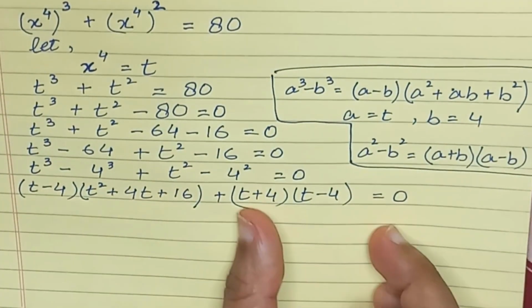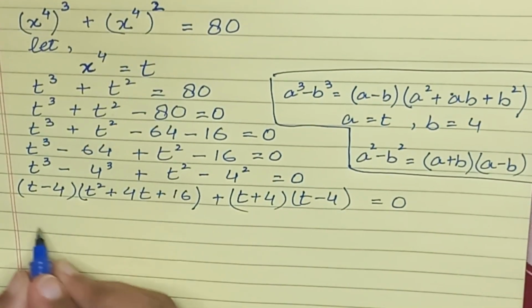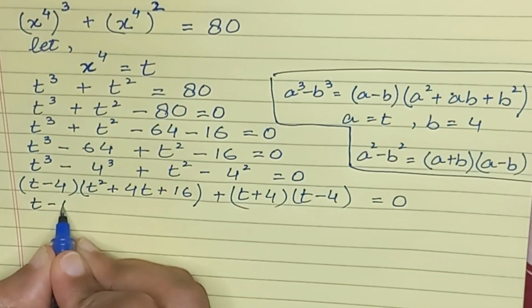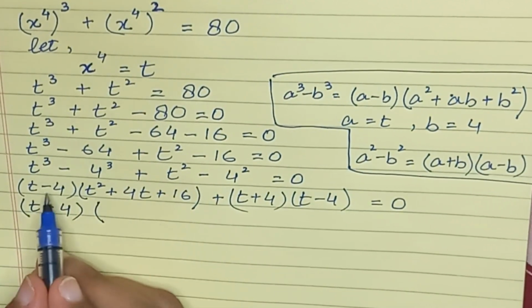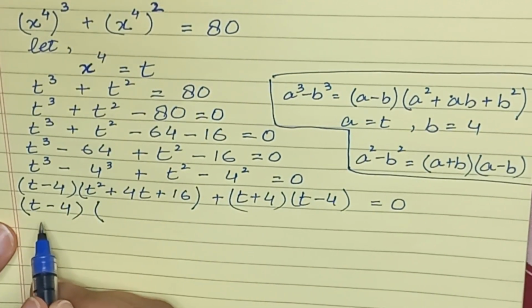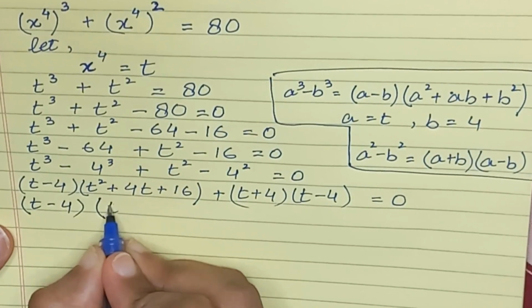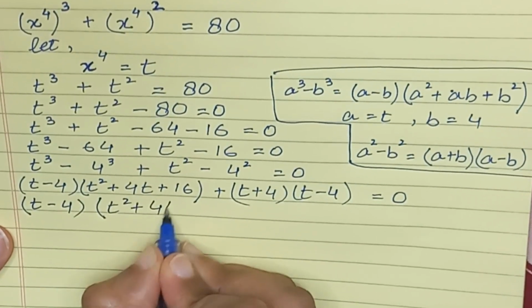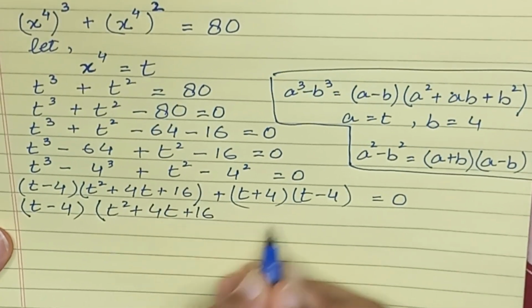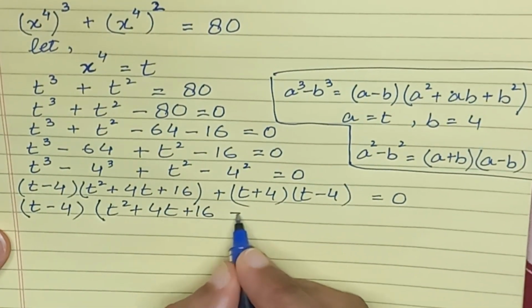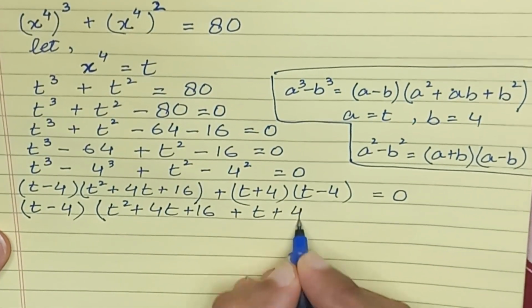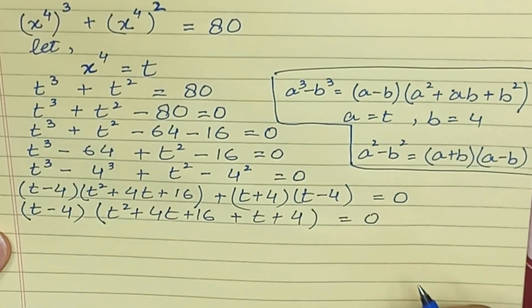Now from these two terms we have t minus 4 common. So we will take t minus 4 common, and the remaining when we divide is t square plus 4t plus 16, and when divided by the other term, it will become plus t plus 4, which is equal to 0.